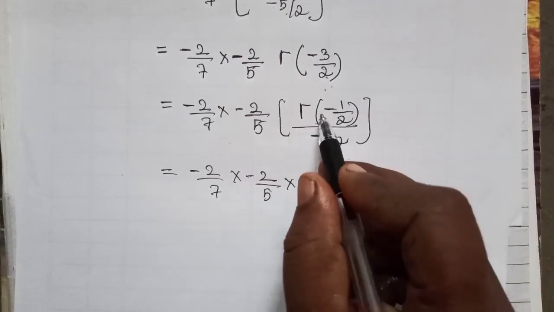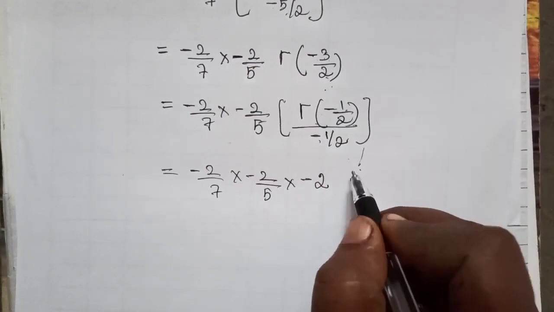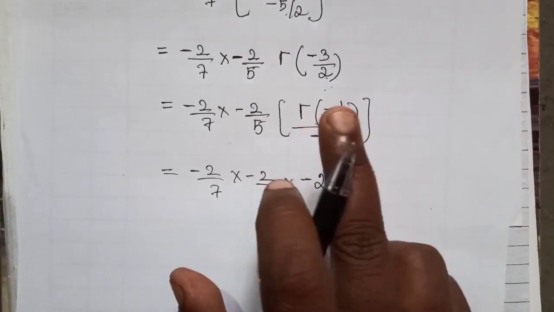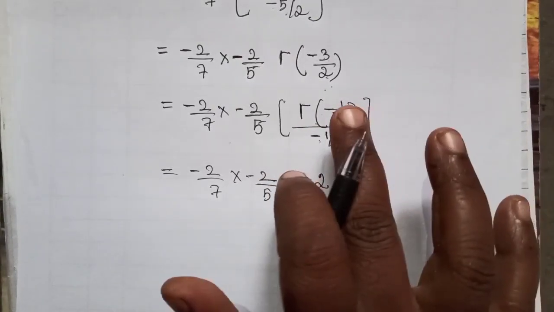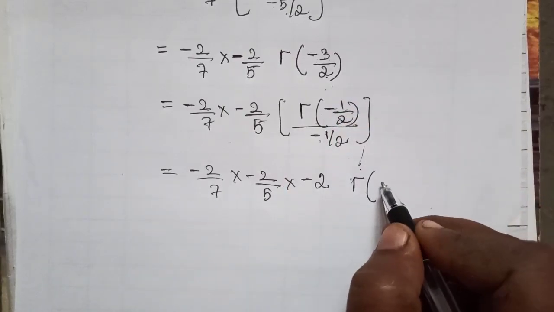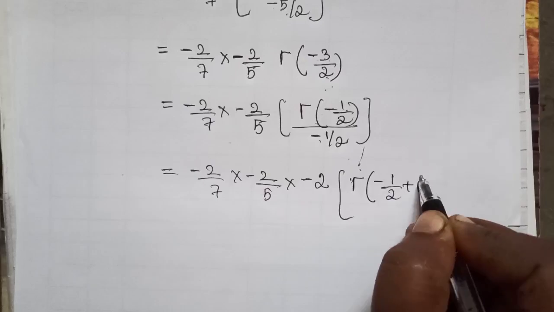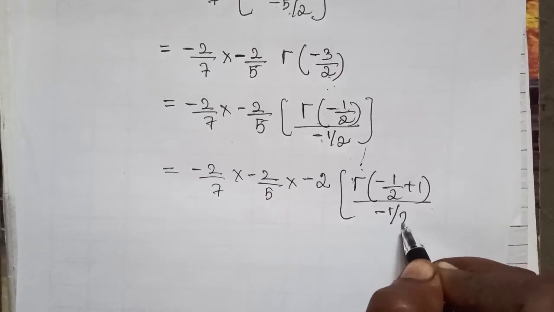Now gamma of minus 1 by 2 value can be written using the fact that gamma of plus 1 by 2 value is root pi. So gamma of minus 1 by 2 can be written as gamma of minus 1 by 2 plus 1 divided by minus 1 by 2.